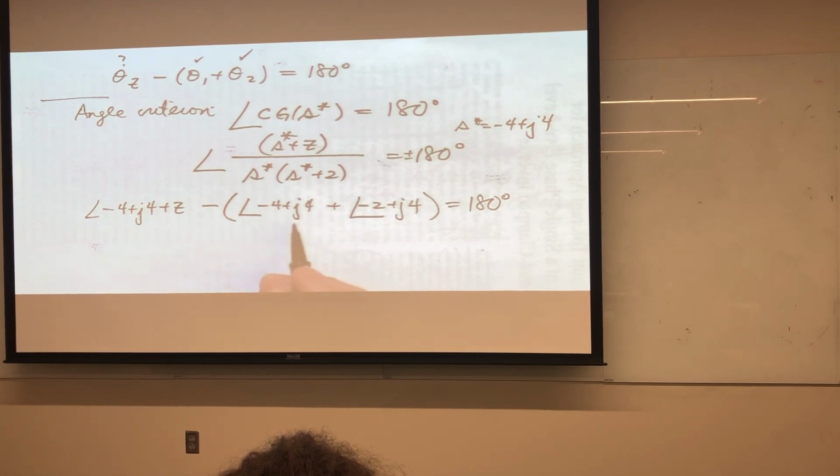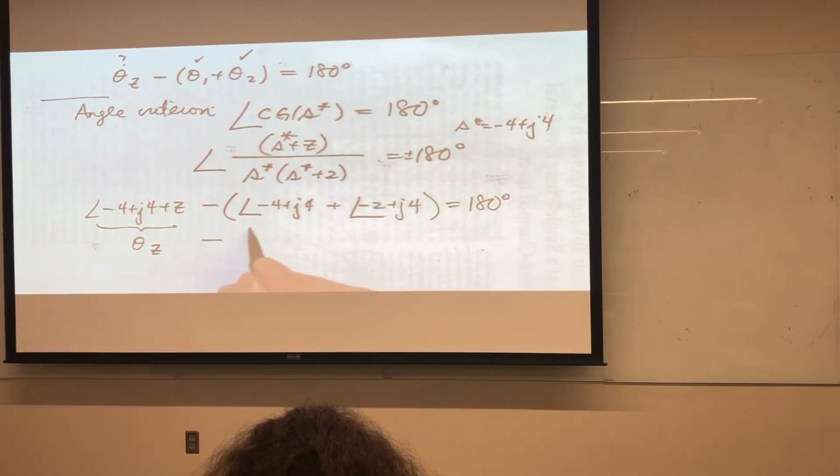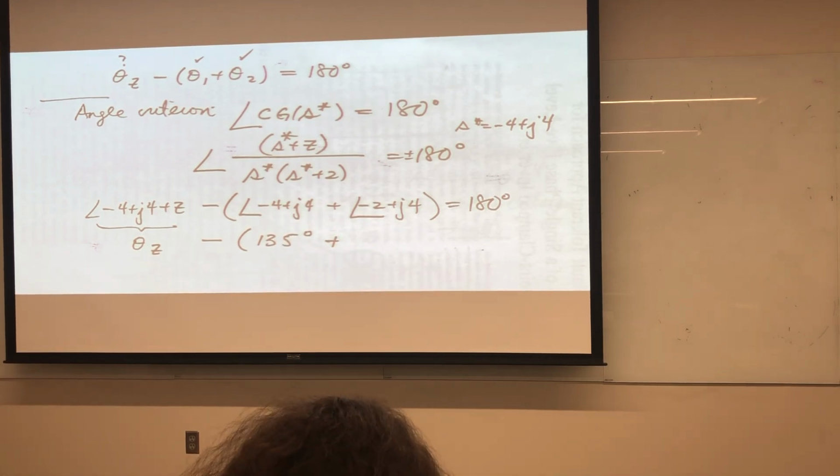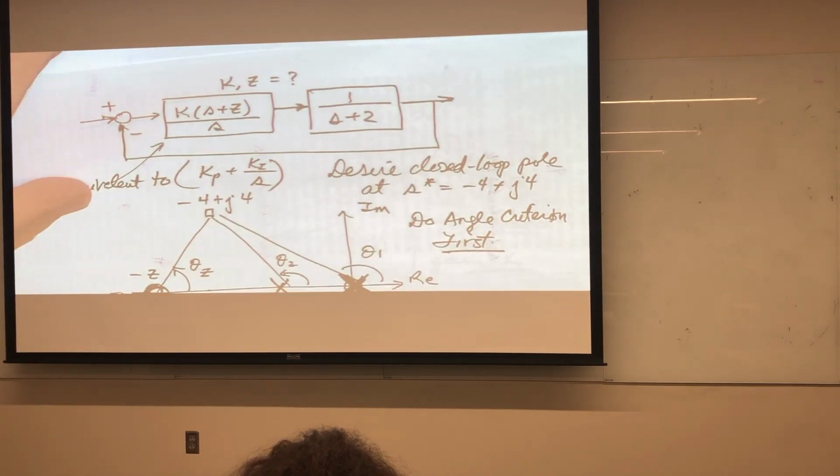Okay, so plug these into your calculator. So this is the unknown angle, theta Z. This is 135 degrees. And this I need help with. Negative 2 plus j4. I need help with this angle, theta 2.